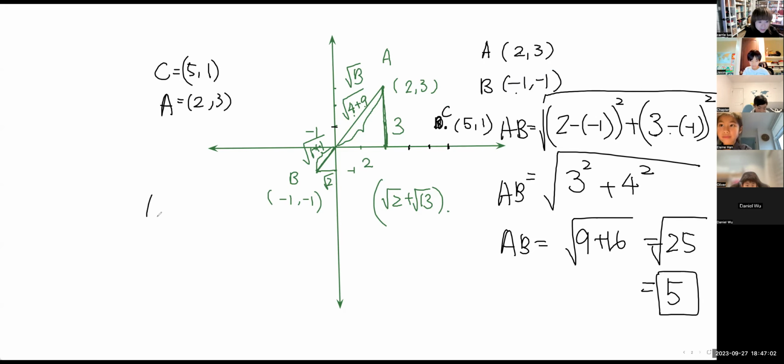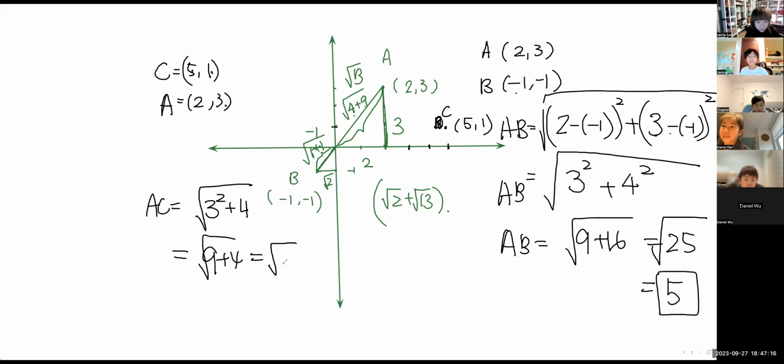So what is the distance of AC? Chapter, so it's 5 minus 2 equals 3, squared, plus 1 minus 3 equals -2, squared, equals 4, square root, so equals square root of 9 plus 4, which is square root 13. Get it, everybody? Understand, chapter?